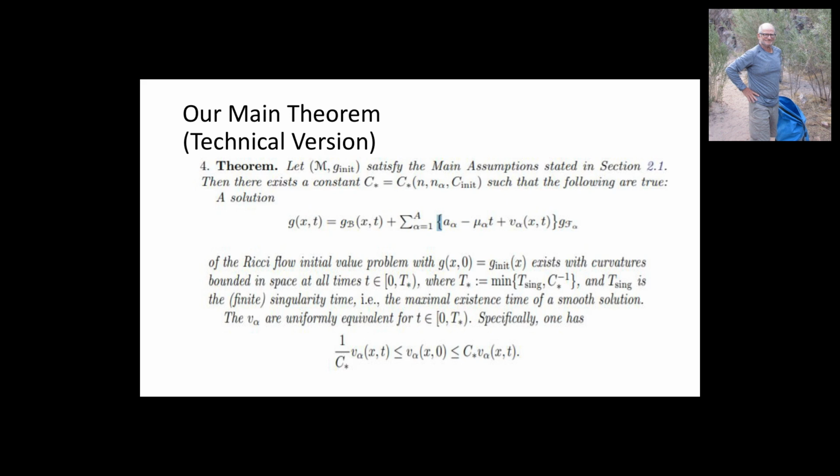A very important part of this is that the v alphas are all uniformly equivalent for the time of existence. Particularly, we can write this set of inequalities involving the v alphas relative to the initial values of them.